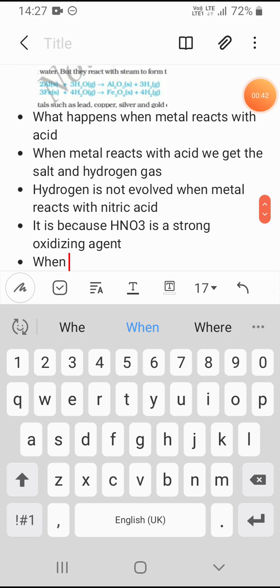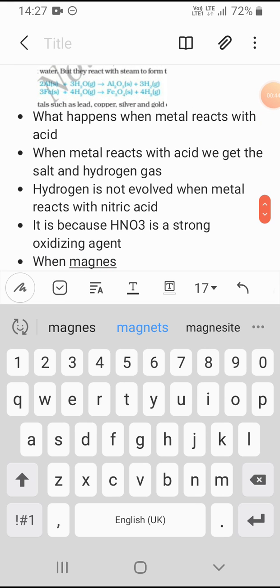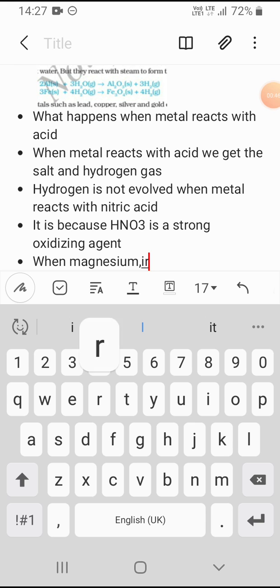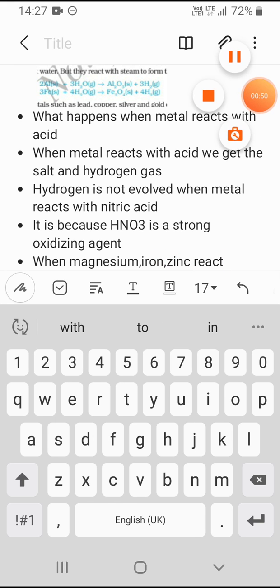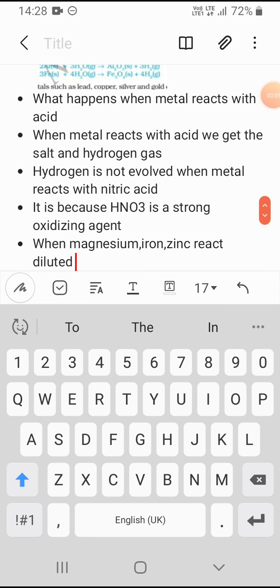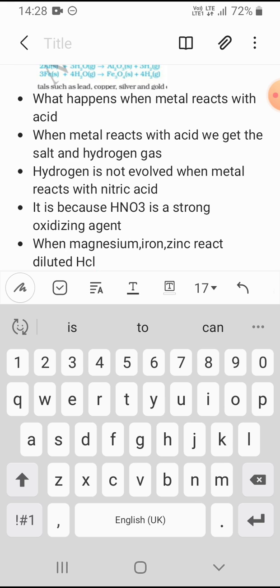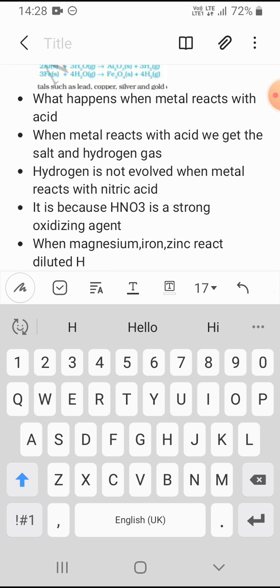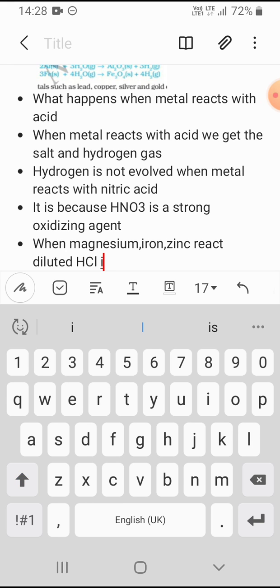When magnesium, iron, zinc react with dilute hydrochloric acid, HCl, it forms bubbles.